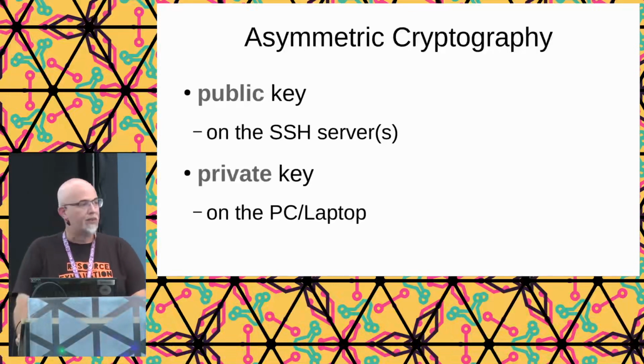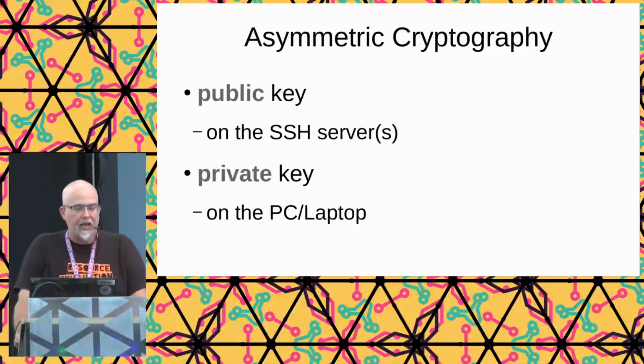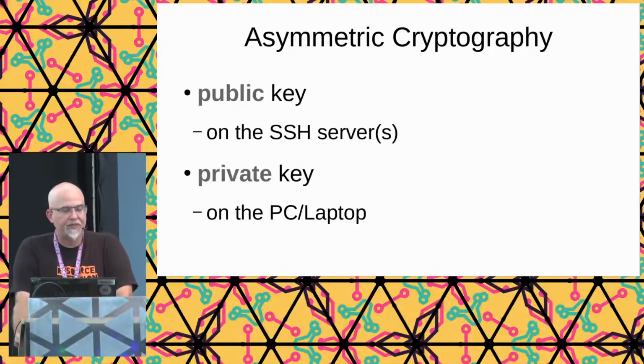Put it on the server, post it on your website, send it through fax if you live in Germany. It's fine. On the other hand, the private key is something you keep to yourself. That should reside on your laptop, that should reside on your PC, and you should not hand that out. You should not put it in a Git repository, you should not put it on a cloud store. This is your private key and your private key only, and it should not be shared. If it happens, create a new one.